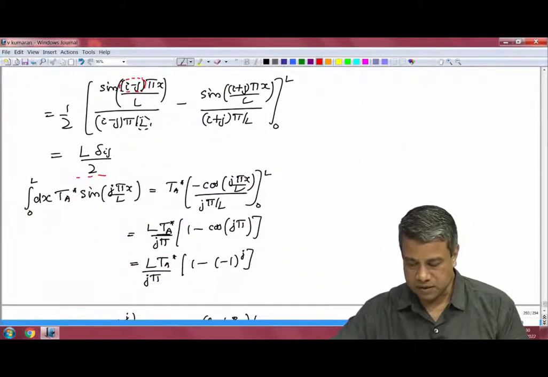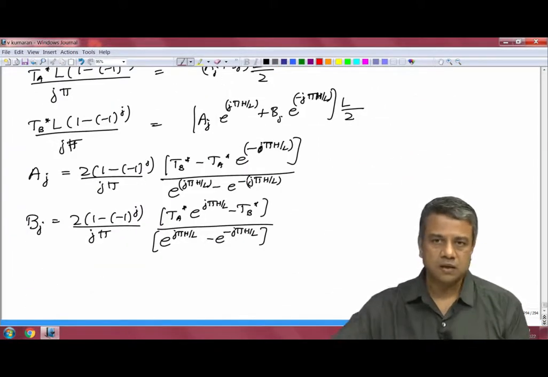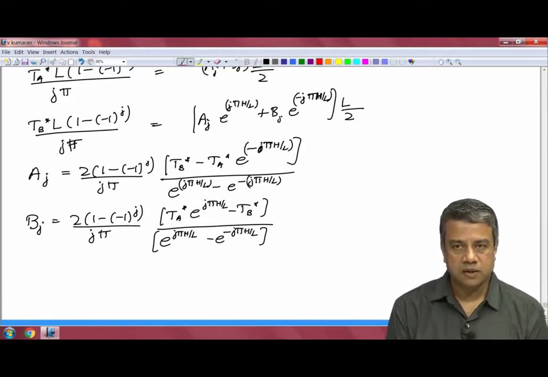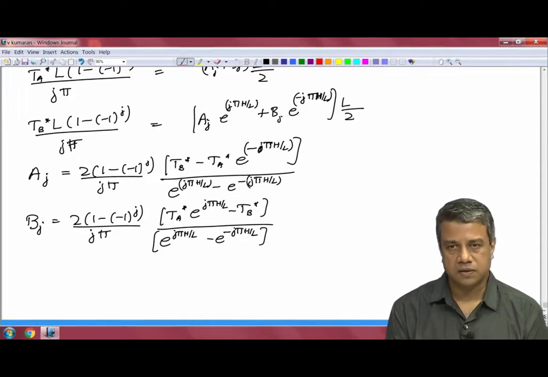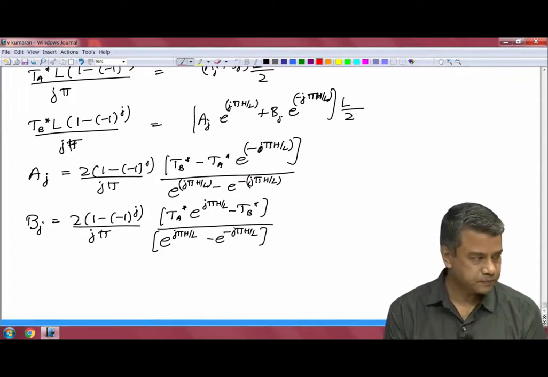So, you have two equations for the coefficients at the two boundaries. Both those equations at those two boundaries at y is equal to 0 and y is equal to h, multiply by sine of j pi x by L, integrate and use orthogonality to find the coefficients.